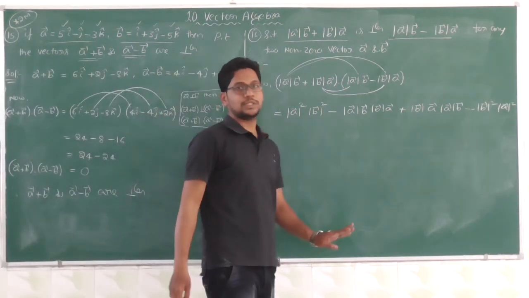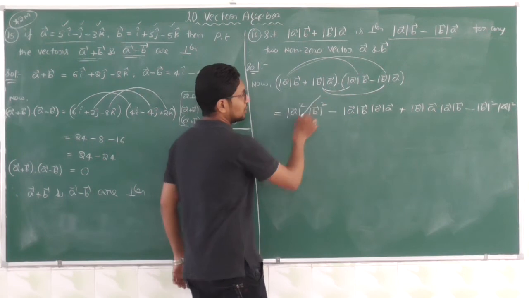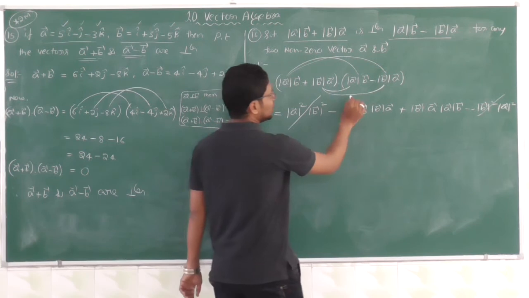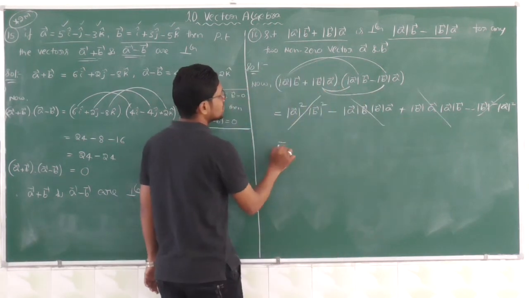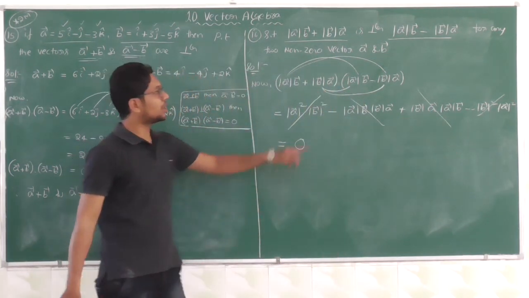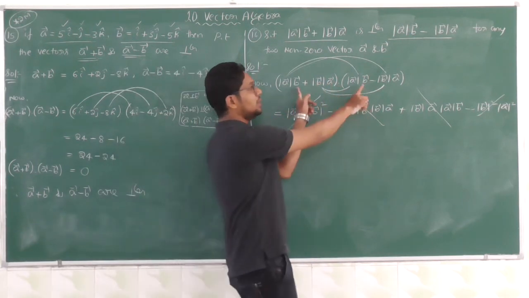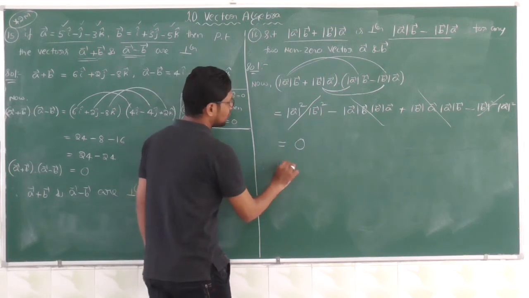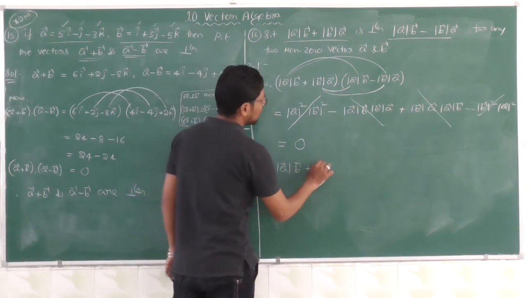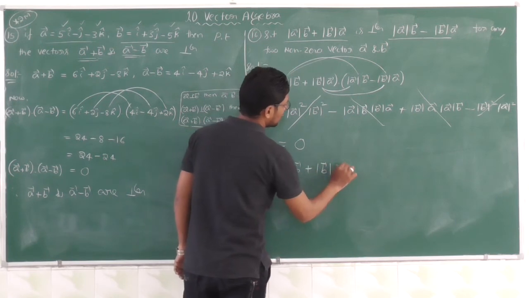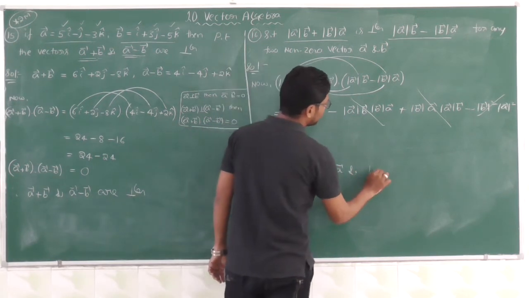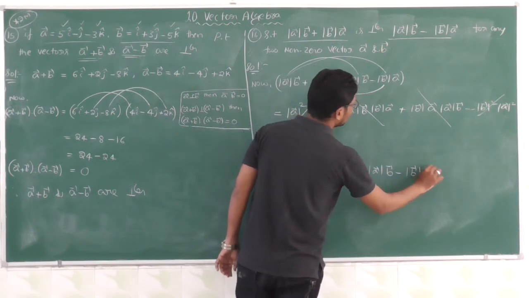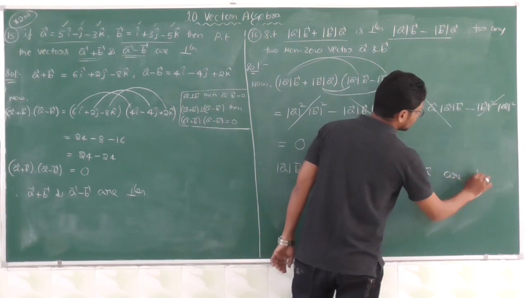This must be 0. Magnitude of A square and magnitude of B square will get cancelled, plus minus. It also will get cancelled. Hence equals 0. The dot product of these two vectors is 0. Therefore, AB plus BA and AB minus BA are perpendicular.